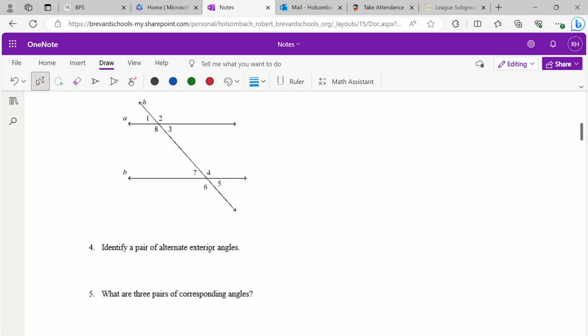So we need alternate sides of the transversal in the exterior region. So angle 1 and 5, those are alternate exterior angles, and so are angle 2 and angle 6.